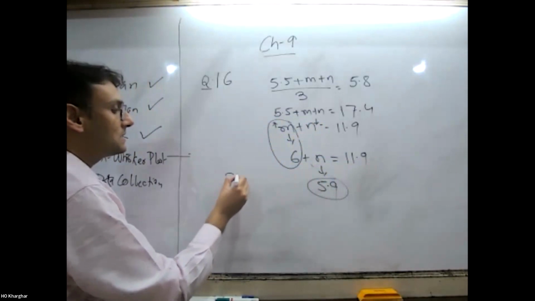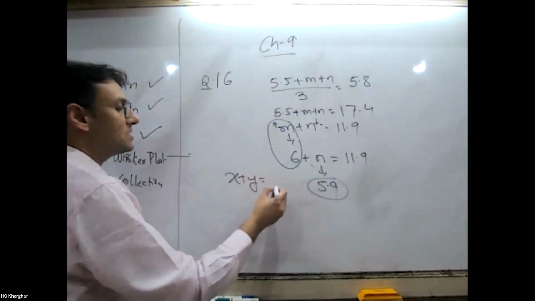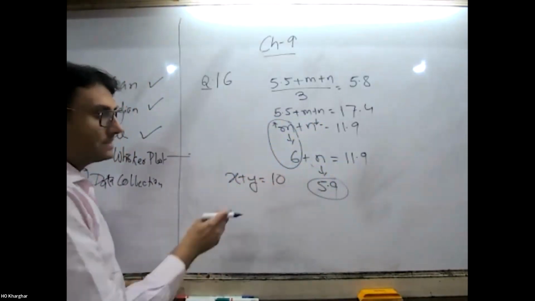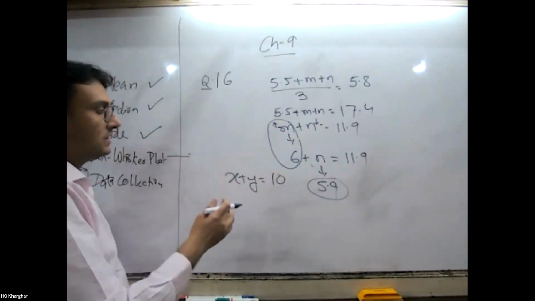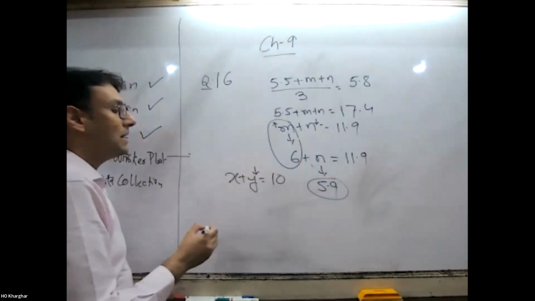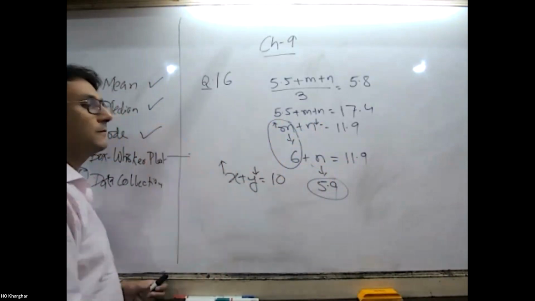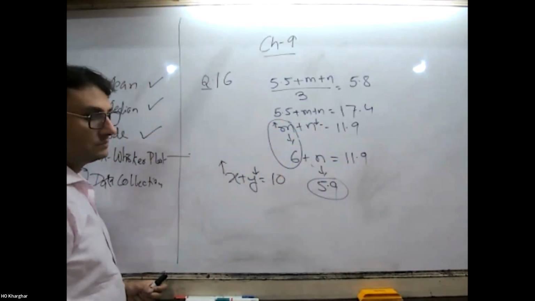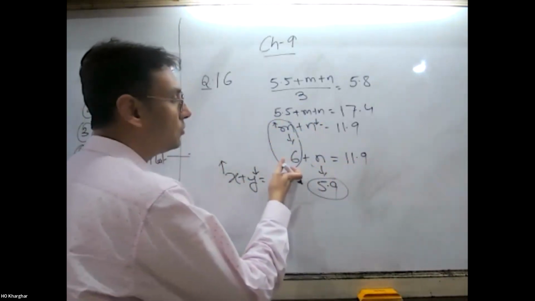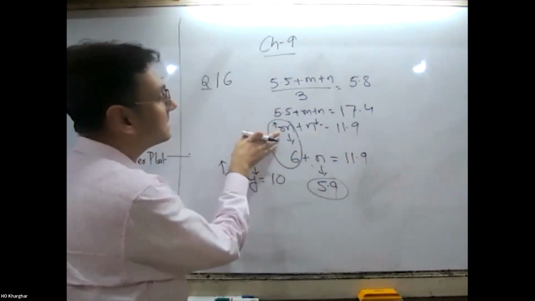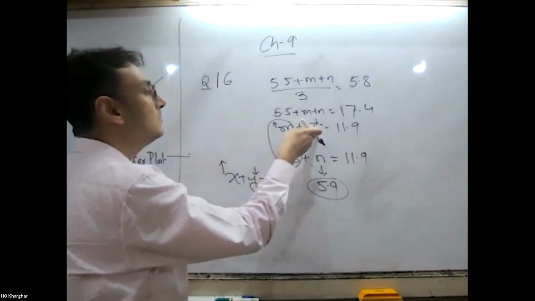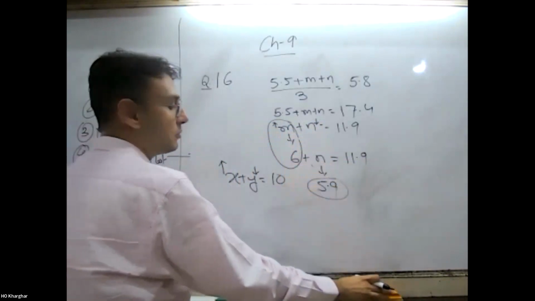In mathematics, if the sum of two quantities is constant, and both are integers or decimals, whatever they are, if I have to minimize one, I should maximize the other. So I've applied that rule: the judge gives a maximum of 6, and the minimum that n can give is 5.9.